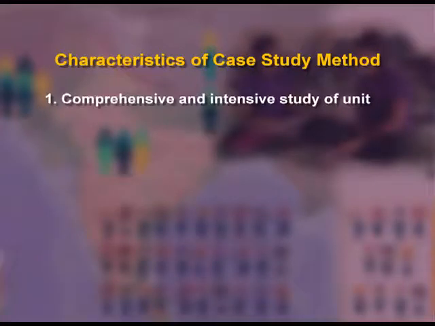First, it is a comprehensive and intensive study of a unit. The investigator can hold a comprehensive and intensive study of different aspects of the selected unit, like that of a person, family or society. They can give weight and consideration to all the aspects of the selected unit.